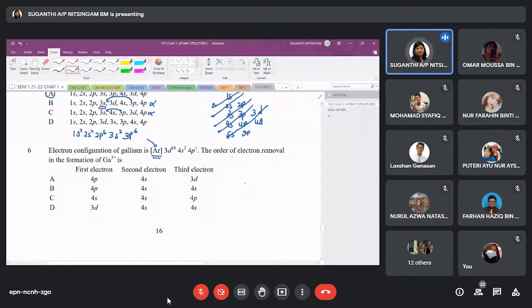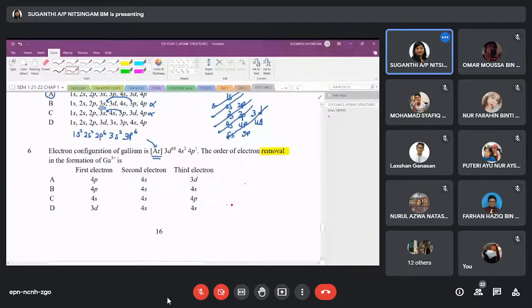When I say we remove an electron, I already told you, you remove from the one that is furthest from the nucleus. Like this, like this. You remove always from the outer, which is the highest N, is where you remove the electron.